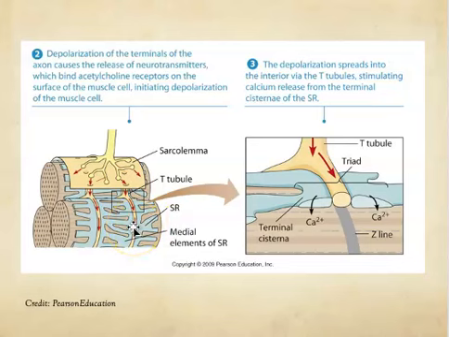The action potential in the T-tubule is going to stimulate the membrane of the terminal cisterna, and that's what they're showing us over here. Here's the triad. It's made out of one T-tubule and 2 terminal cisterna. As the action potential comes down the T-tubule, it stimulates calcium release from the terminal cisterna.